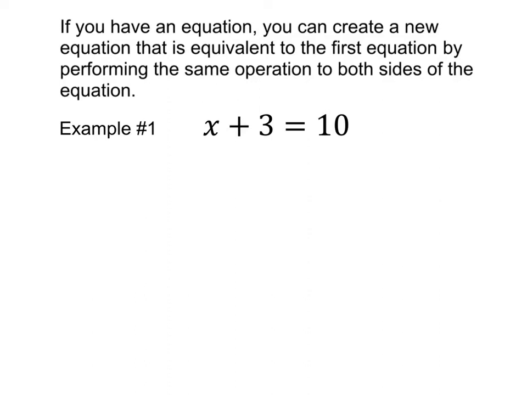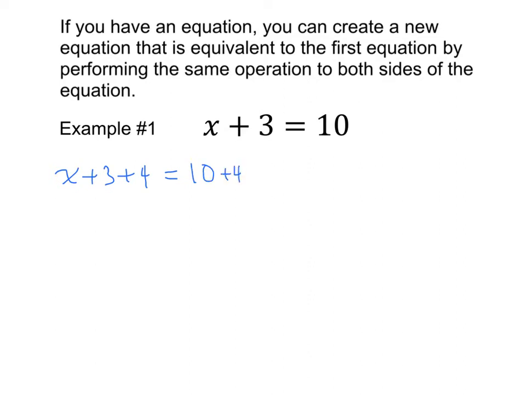And so what we're going to do is create some equivalent equations. Let's create a first one by adding 4 to both sides. Let's perform the same operation on both sides. My original equation was x plus 3 equals 10, and let's add 4 to both sides of the equation. X plus 3 plus 4 is the left side, and the right side we have 10 plus 4.